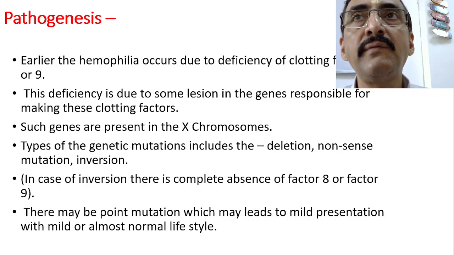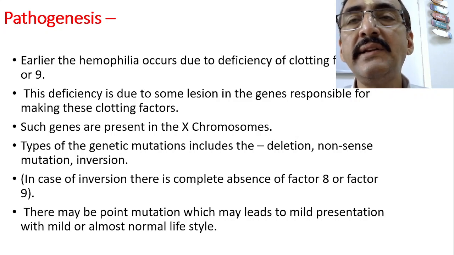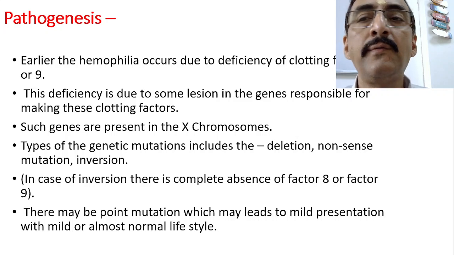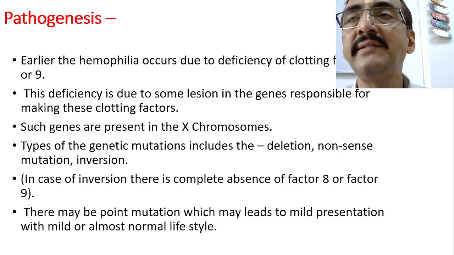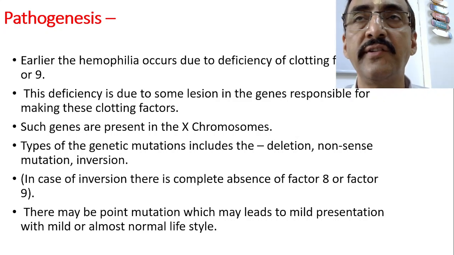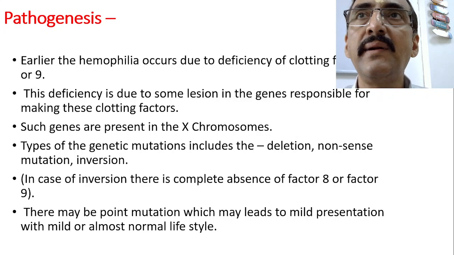For each individual clotting factor there is an individual gene, and if that gene is affected or mutated to some extent, then the formation of these clotting factors is affected. Genes produce proteins, and all these clotting factors are made up of proteins.